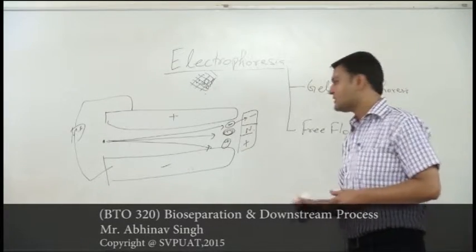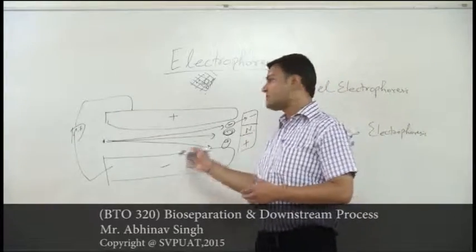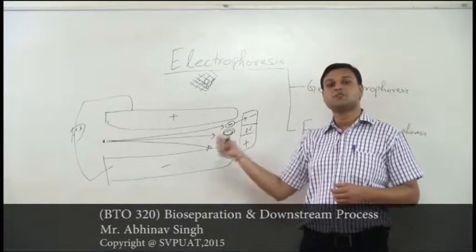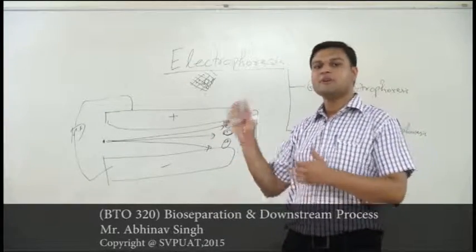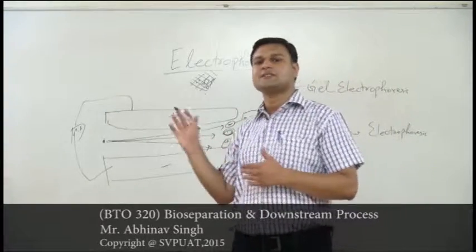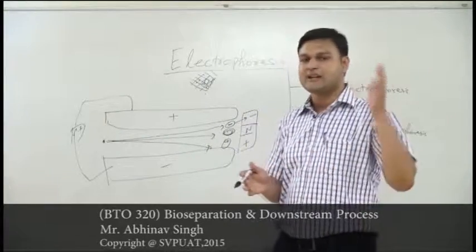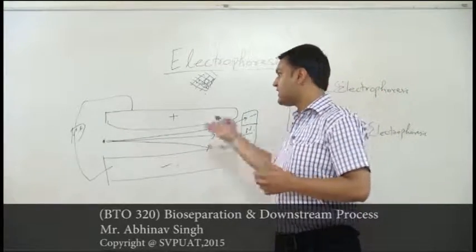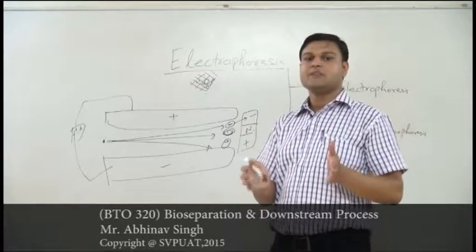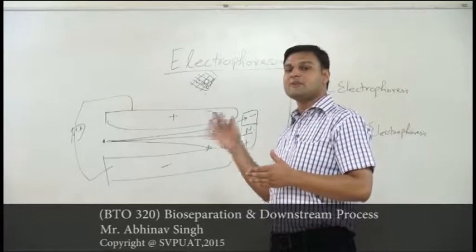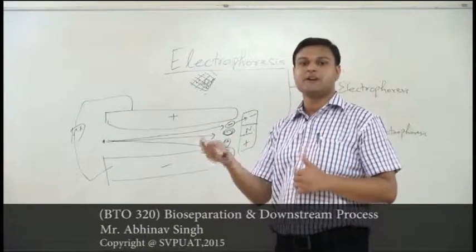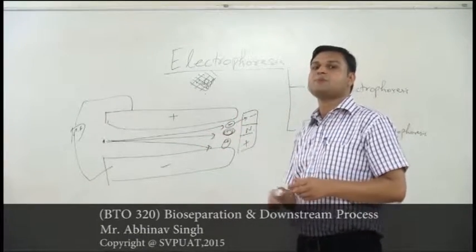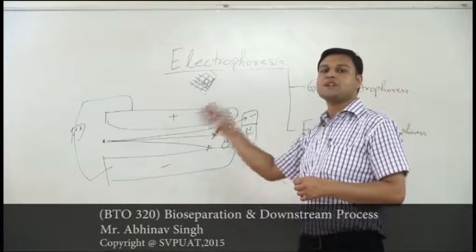Third thing, it is the most important technique that is suitable for commercial practices, that is, for industrial level. Why? Because unlike gel electrophoresis, it does not have many complications. We are directly going to run our sample. It directly applies the two kinds of terminals, due to which the separation can be carried out in real time, and we are directly watching our product being separated, and there are very few problems faced in comparison to gel electrophoresis.